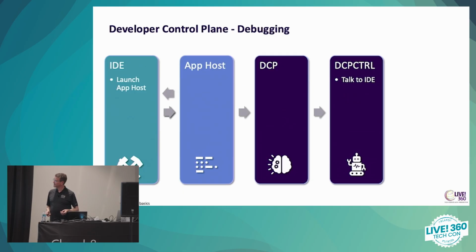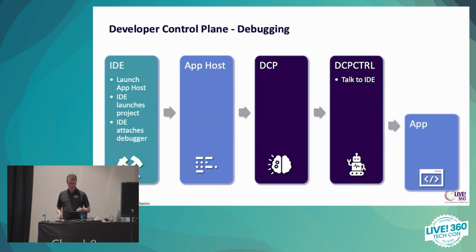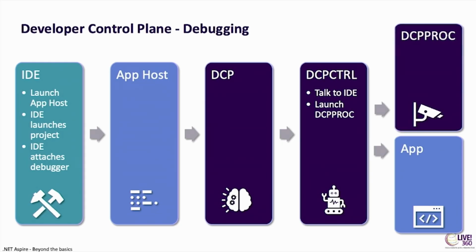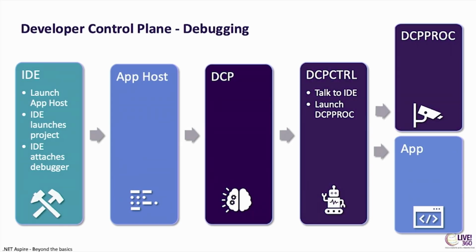No, DCP control talks to the IDE over a secret port, passing in a confidential value. The IDE will say, "Hi, I know you, I trust you, I will launch that app for you." And while doing so, I will also attach a debugger for you. So this is how you can do Aspire debugging by simply pressing F5. And then, of course, you will get a DCP proc monitoring instance that will monitor your launched executable. And then everything works as before.